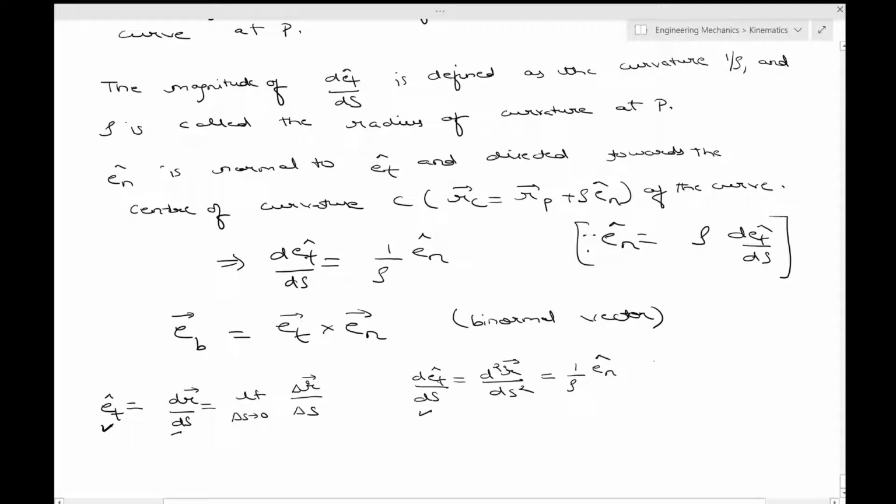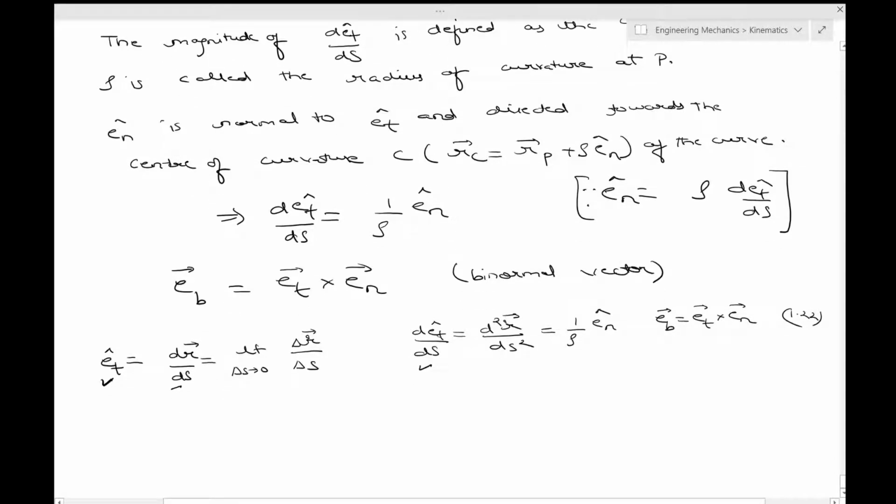And EB is equal to Et cross En. This is 1.22. Now we also say that Et cross En is equal to EB. You are free to use the overhead arrow.